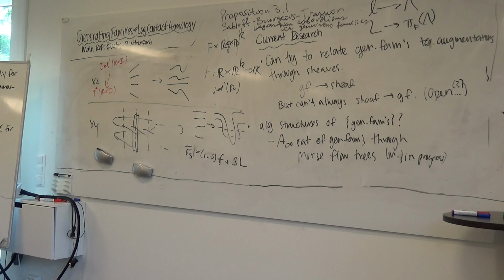I think the short summary is that in one dimension, when you have generating families over a one-dimensional base, then sheaves over it work as follows. If you try to lift a sheaf to a generating family, it works if your sheaf is a sheaf of spectra. So in dimension 1, a sheaf of spectra is the same as a generating family.